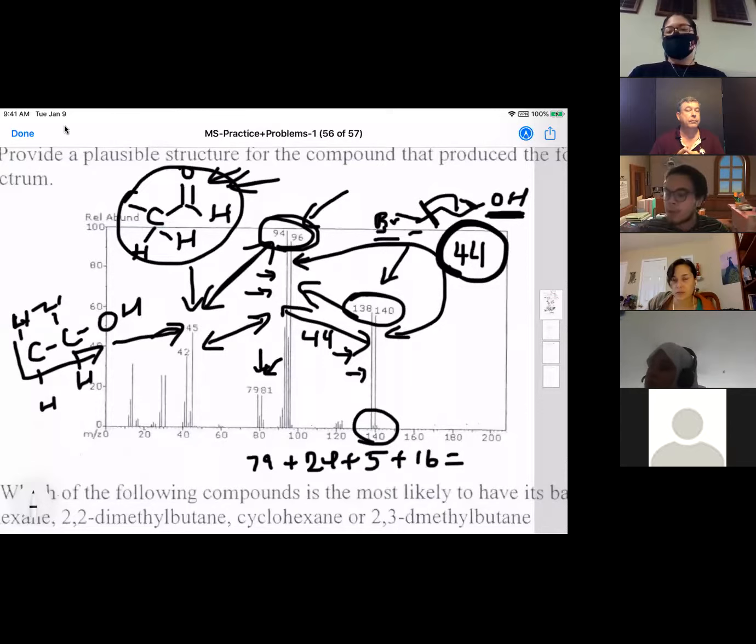And then we were freely looking at fragments with weights 44 and 45. So my question is, how do you know if you can say, oh, this piece of information from the 45 fragment does not match, let me look at 44?